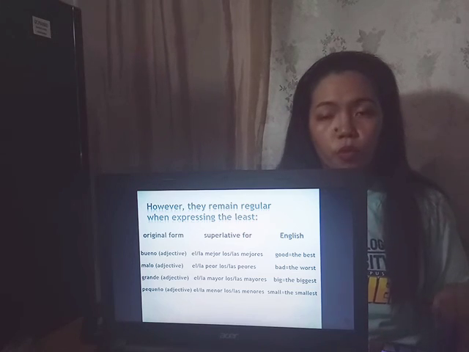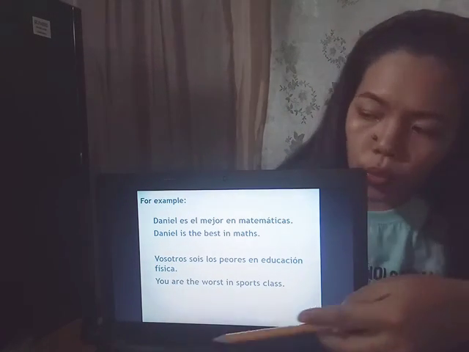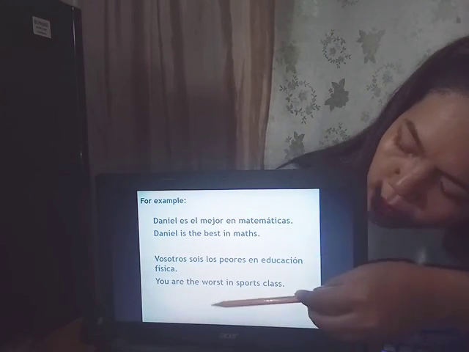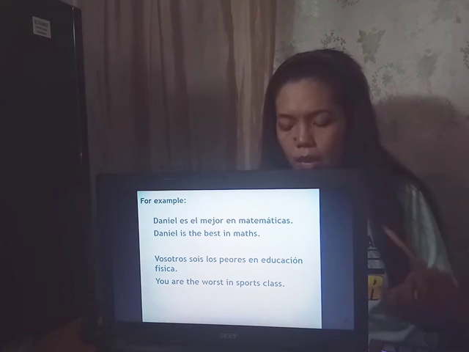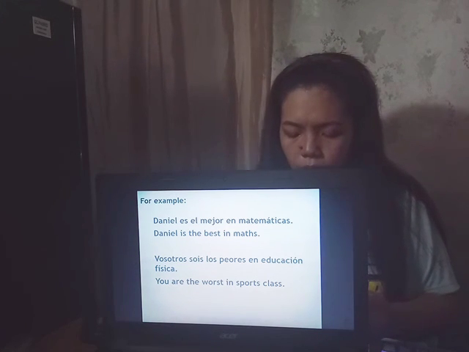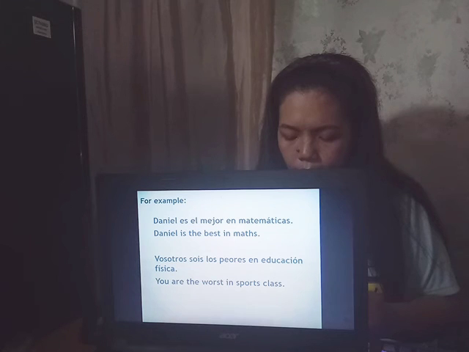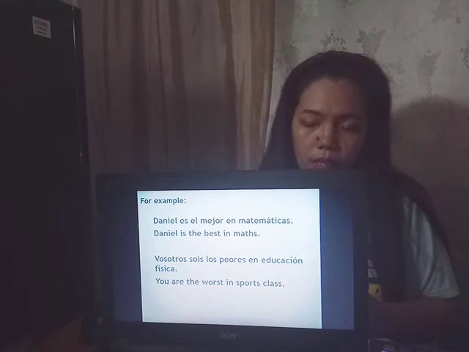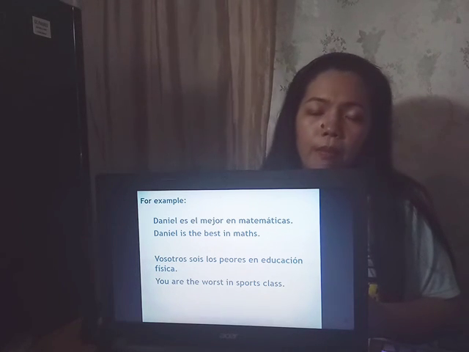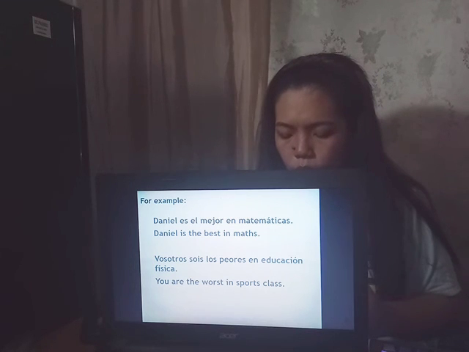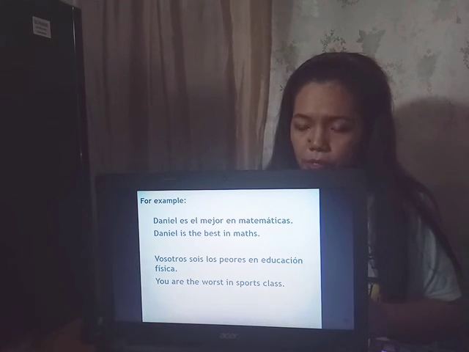So let's now move on to examples. So here are the examples. I give you some ejemplos. For example, Daniel es el mejor en matemáticas. So Daniel is the best in maths.